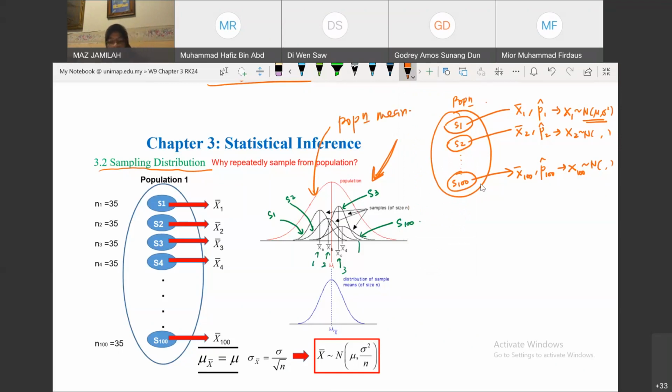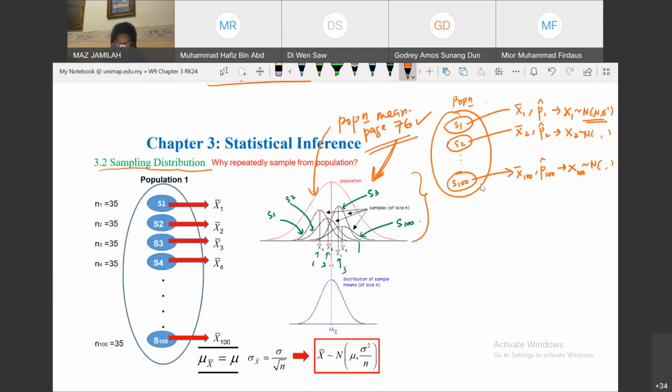That's why, in your textbook on page 76, sampling distribution of sample means and sample proportion, and the relationship between population distribution and sampling distribution, are related to this understanding. Please read page 76, and it reflects this understanding.